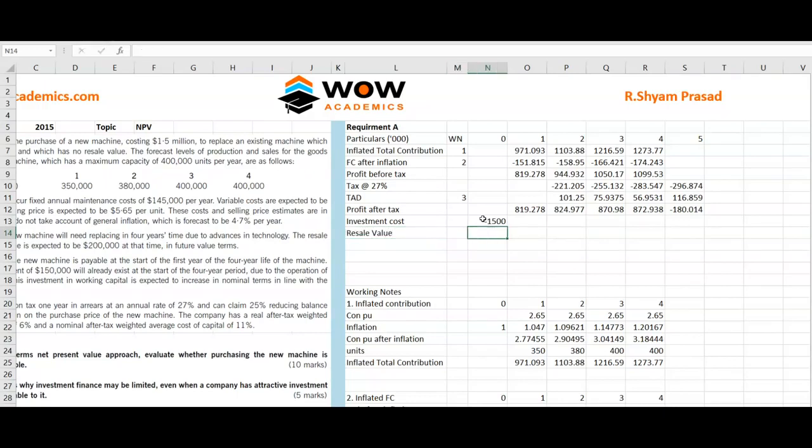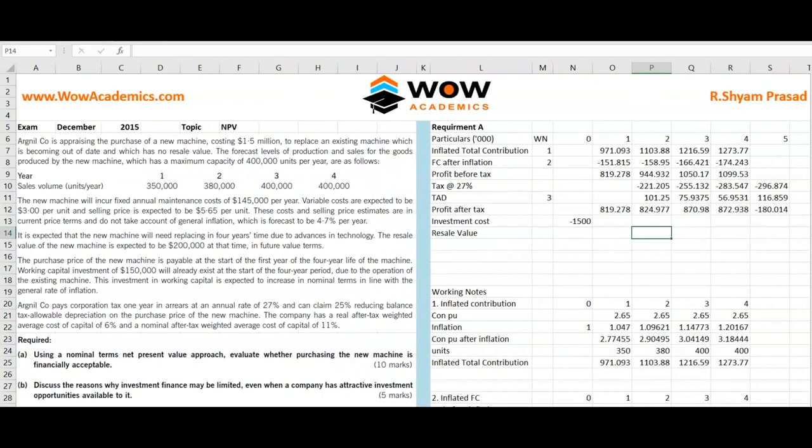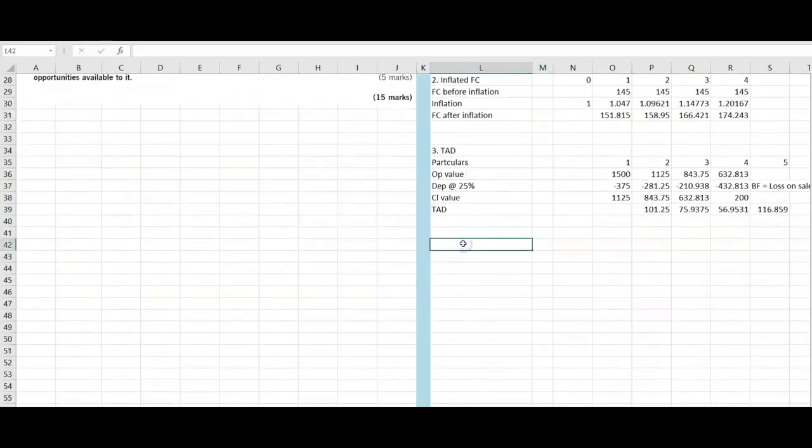So resale value was, when you computed it, the resale value was 200. So the 200 is a cash inflow. Still we have working capital investment. So for that we have to work out another note, which is called working note number 4.